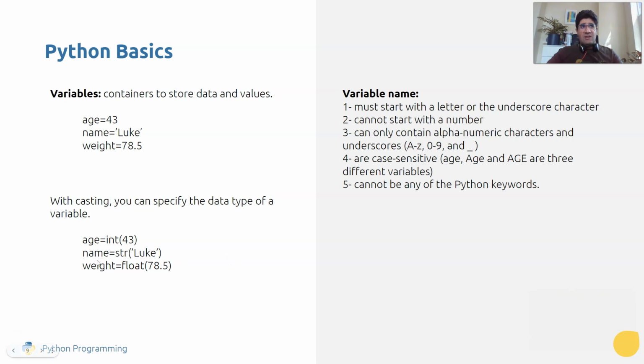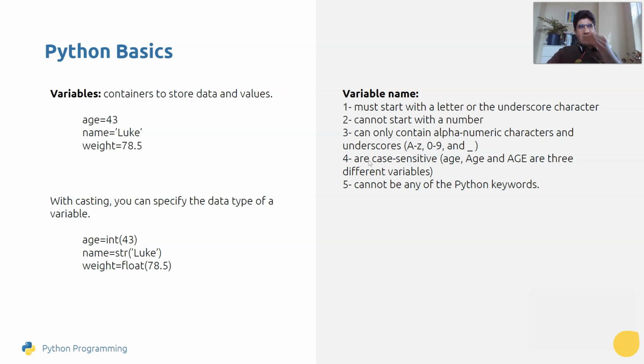When we are choosing a variable name or identifier, we need to consider these rules. All identifiers need to start with a letter or underscore. They cannot start with numbers, and they can contain only alphanumeric characters with underscore, so it means A to Z, capital or lowercase, 0 to 9, and underscore.